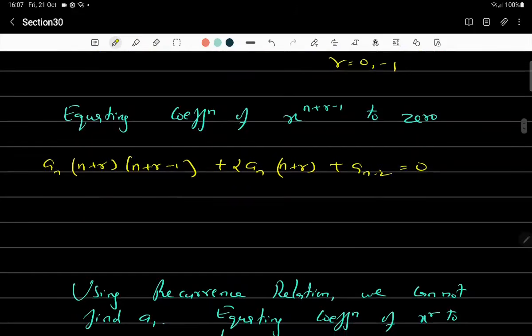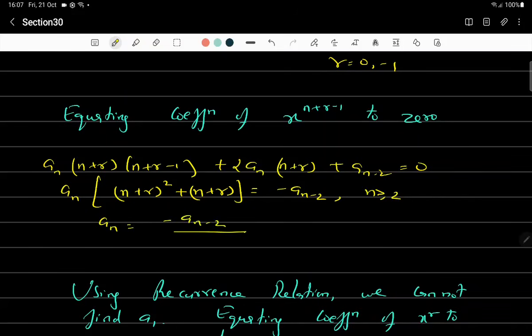If you simplify it, it becomes a n times (n plus r) whole squared minus (n plus r) plus 2 (n plus r), so plus (n plus r), equals minus a n minus 2, and that gives you a n is equal to minus a n minus 2 divided by (n plus r plus 1) and (n plus r).